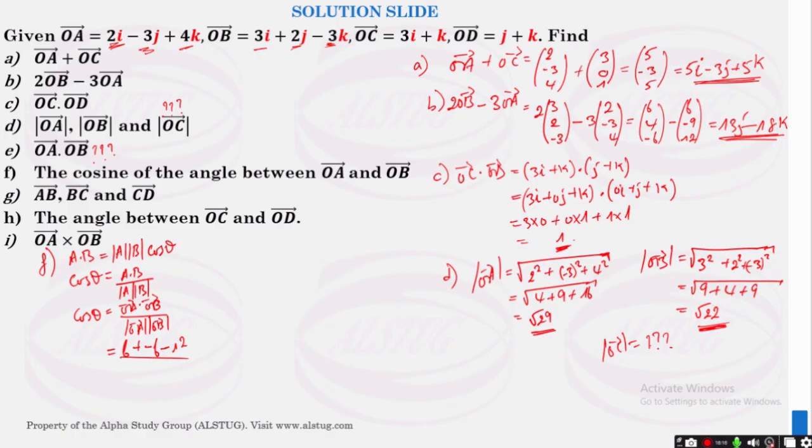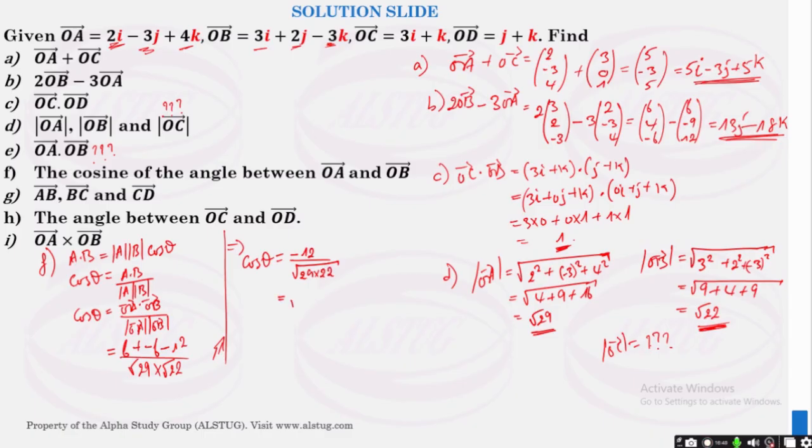magnitude of OA. We found magnitude of OA somewhere here. Yes, we got root 29, times magnitude of OB, we got root 22. Permit me to continue this way. So we get cos theta to be equal to negative 12 divided by the square root of 29 times 22.